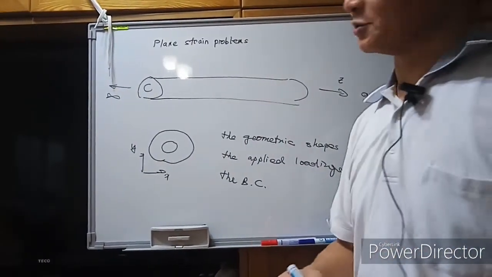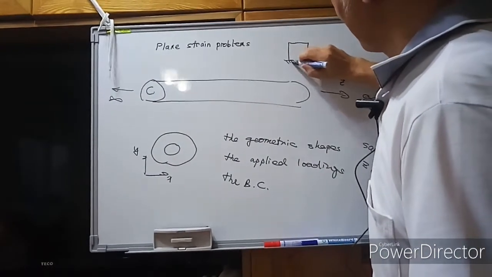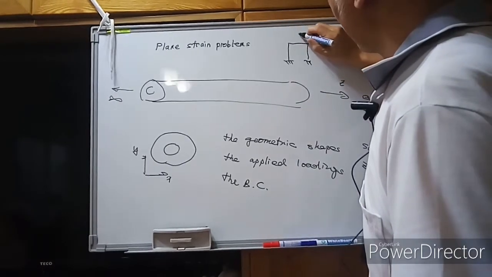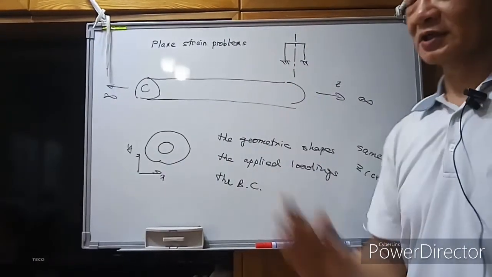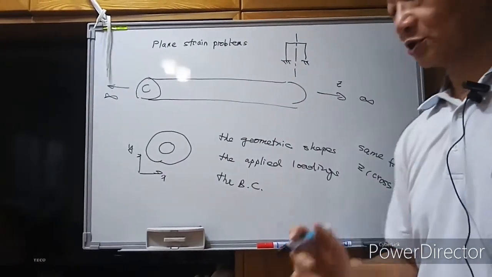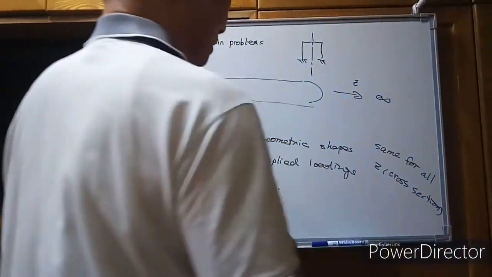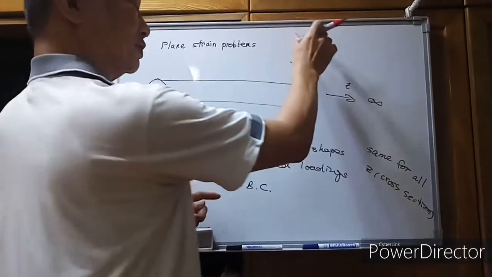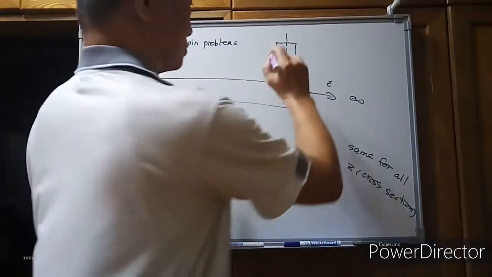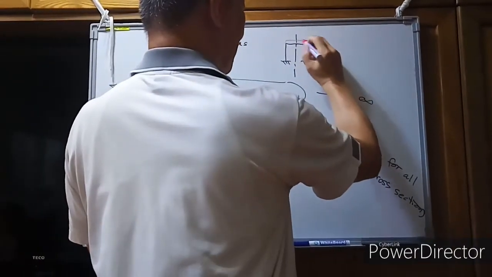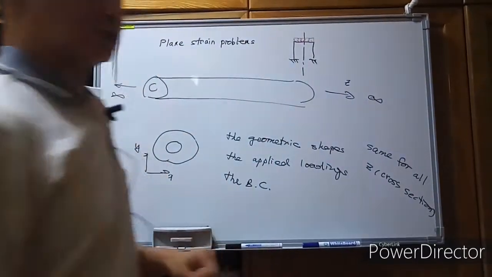The reason you can think about is symmetric structures. Suppose we have a structure that is symmetric about the center line, and the symmetry is not only in the geometric shape of the structure, but also in the applied loadings and the boundary conditions.